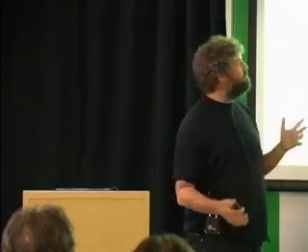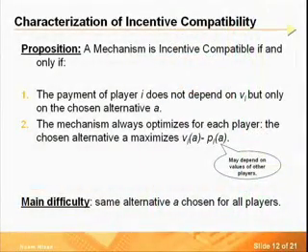Basically, an easy proposition characterizes what requirement the pricing must pass in order for the resulting mechanism to be incentive compatible. It is the following two requirements. The first thing is, if you look at how much player i pays, that cannot depend in any way on what he says, beyond the fact that what he says changes the outcome.